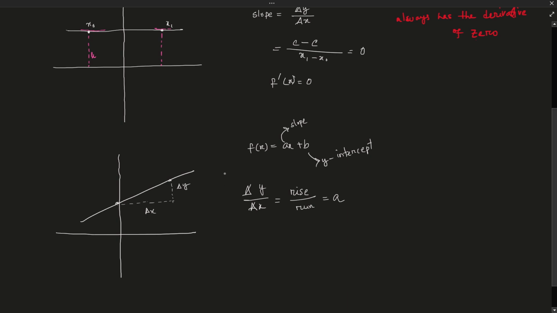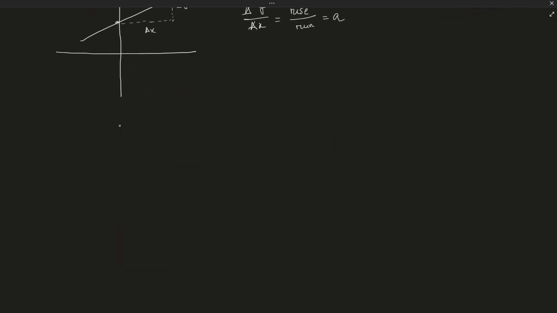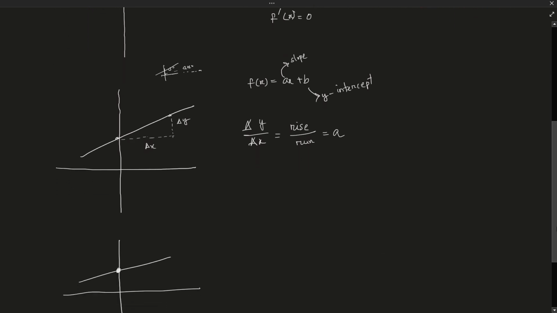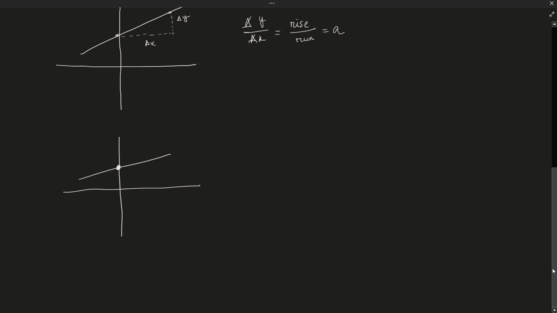When it's very small, like we have seen before, as in very tiny, as we reach a point like this, the tangent stays on the same slope, same as what happened with the constant line. So this will be f prime of x equals a.